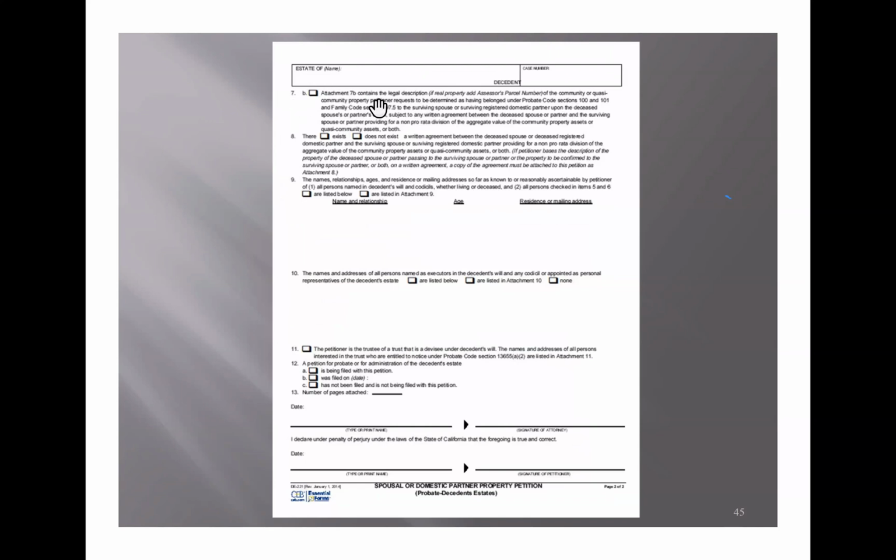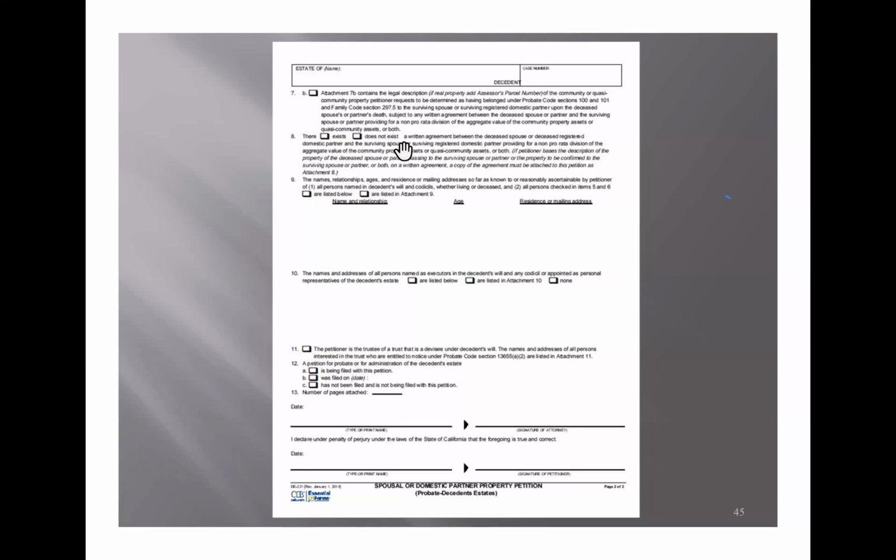If it's community property, then you are going to also, and it's the same exact description, right? The description from the deed, but if it's community property, it would just be 50% in 7A and 50% in 7B. And then you check the box whether there existed a written agreement between the spouses as to the status of the property.